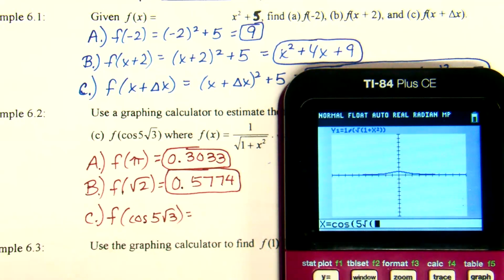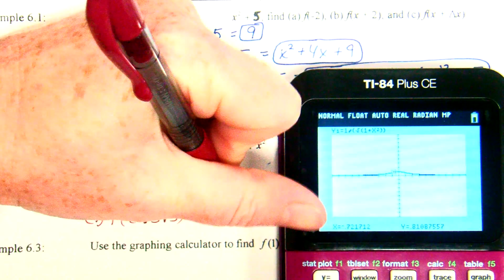I'm going to type in cosine 5 square root of 3. I'm going to hit enter, and it gives me this. It tells me my x value is negative 0.7208217, and my corresponding y value is 0.8109.